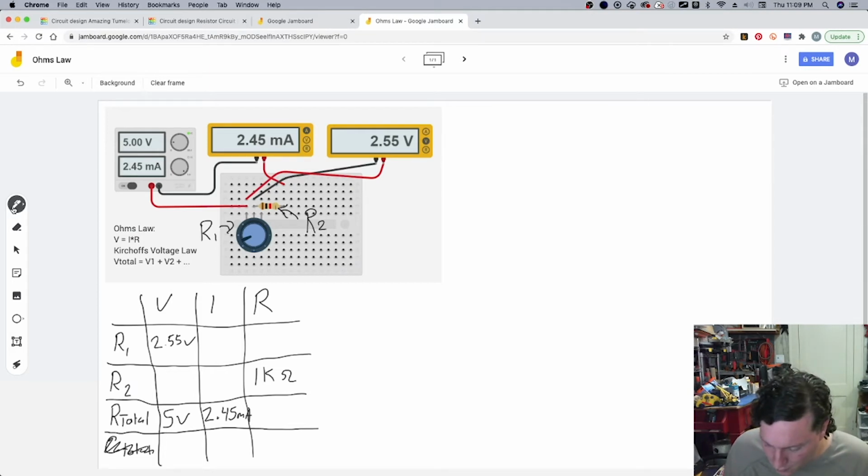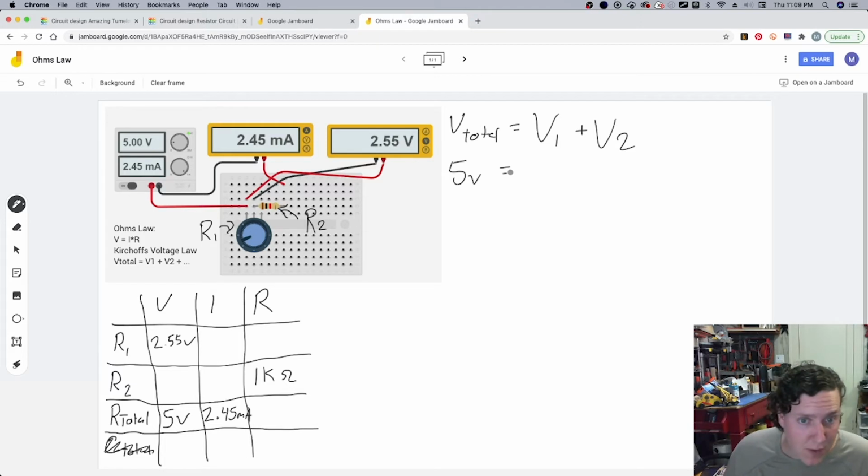We know that with Kirchhoff's Law, V total is equal to V1 plus V2. In this case, the voltage total is 5 volts, and that's going to be the voltage 1, the voltage of resistor number 1, which is 2.55 volts, plus whatever V2 is.